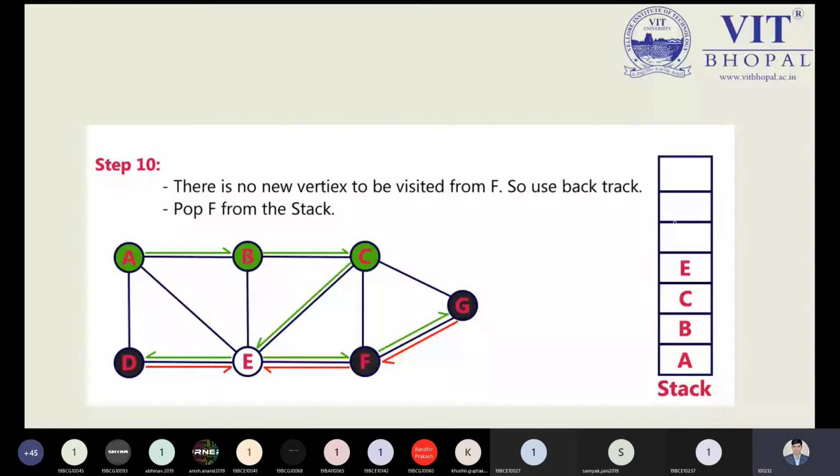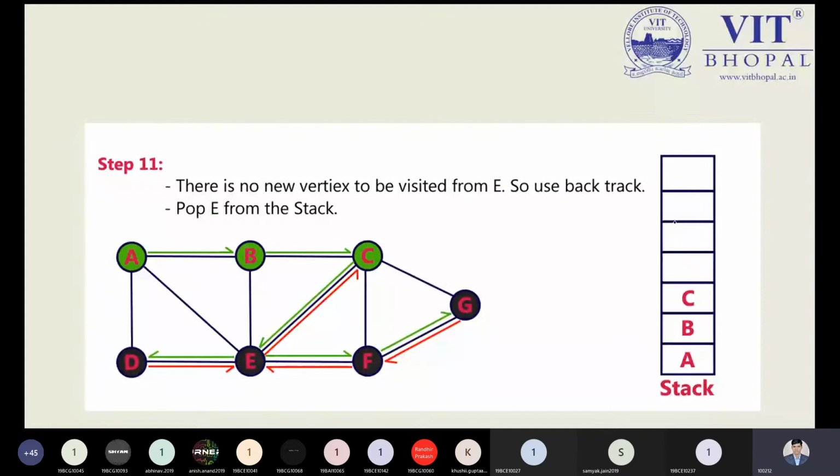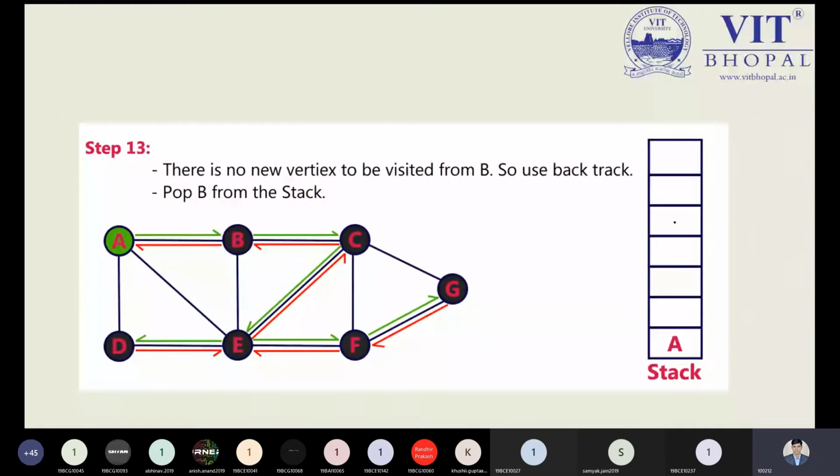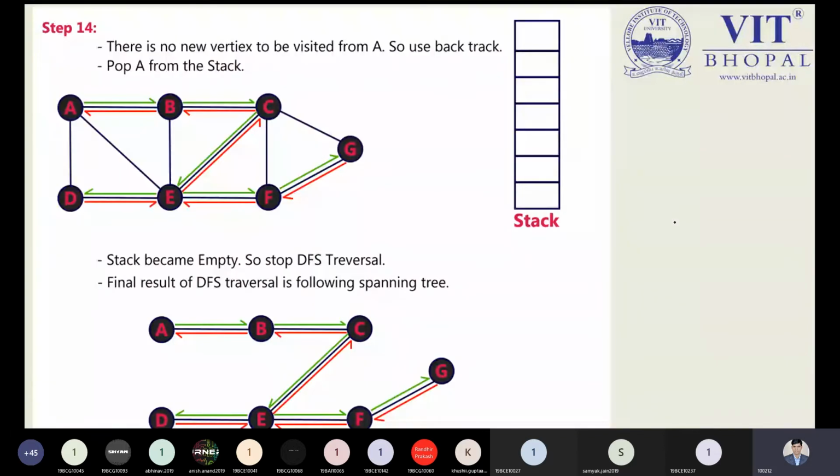After removing E, where should we move? To C, because the next element at the top of the stack is C. So we apply backtracking: C, then B, and then A. What is the diagram after removing A?